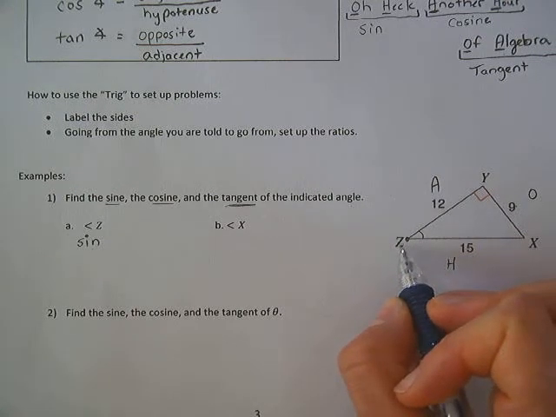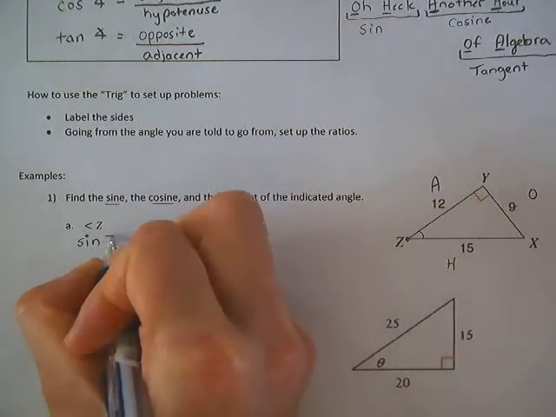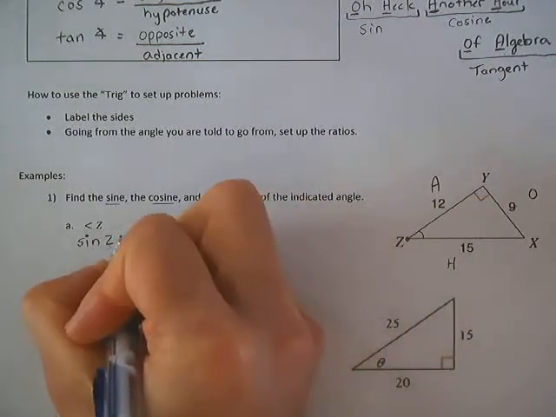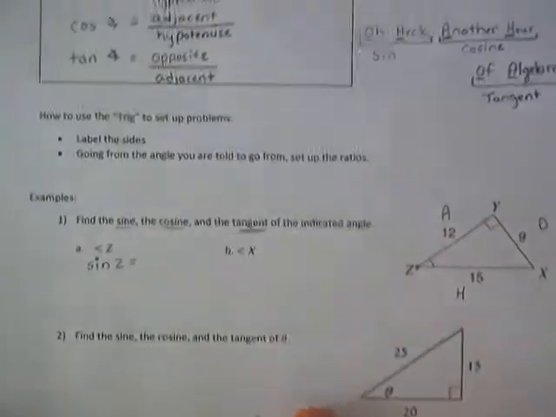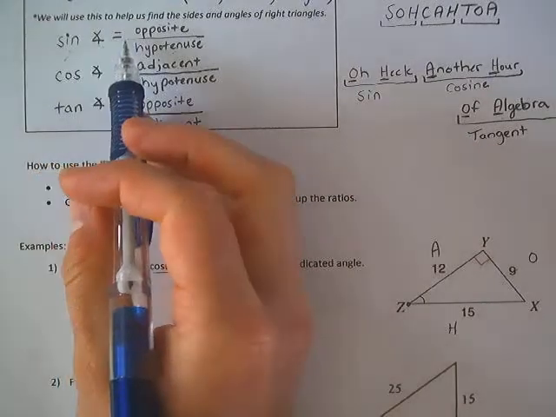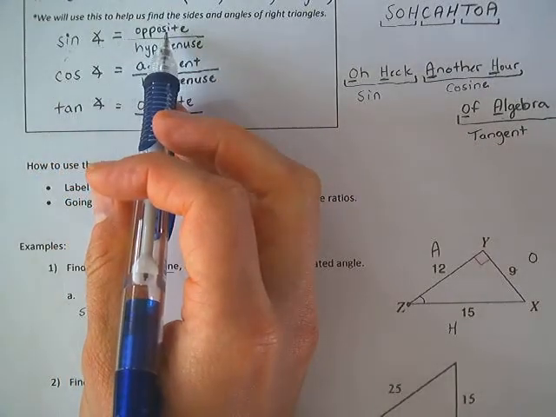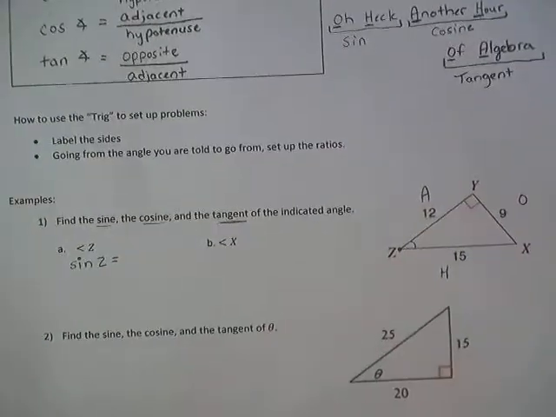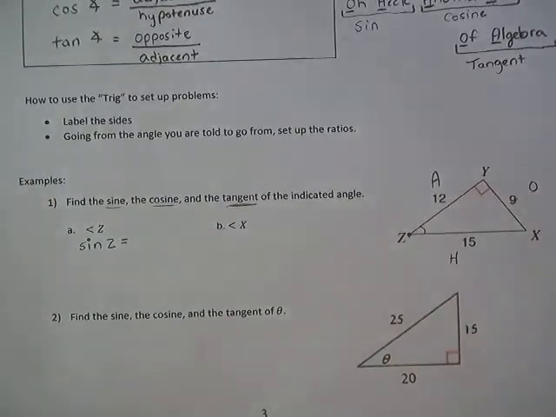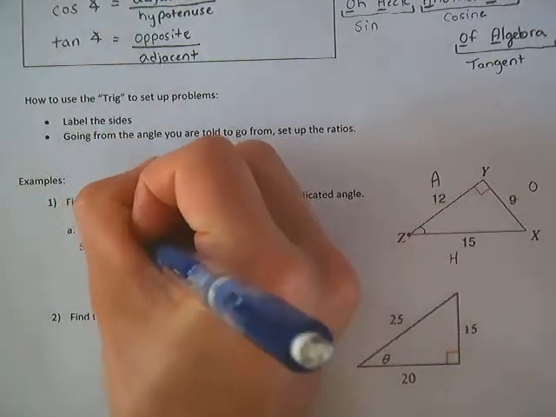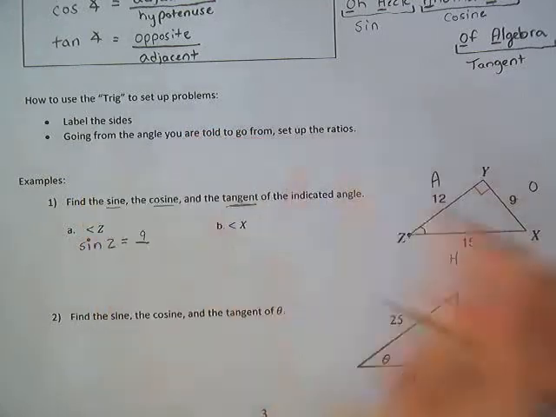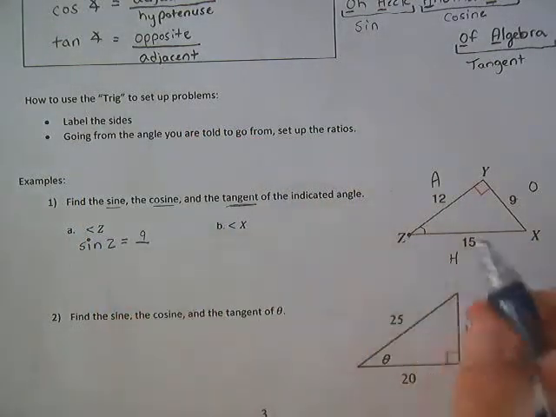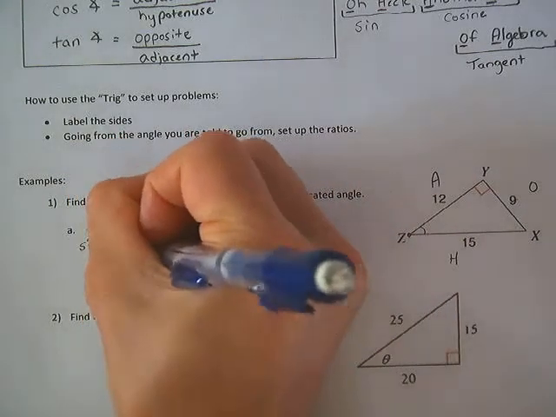So the angle that we're standing at is Z. So we do sine of Z, of angle Z, equals, so sine of your angle equals, and then we just have to figure out what is the opposite side, and then we put it over the hypotenuse. So for this one, the side that's opposite of angle Z would be the 9. So it'd be 9 over, and then the hypotenuse would be 15.